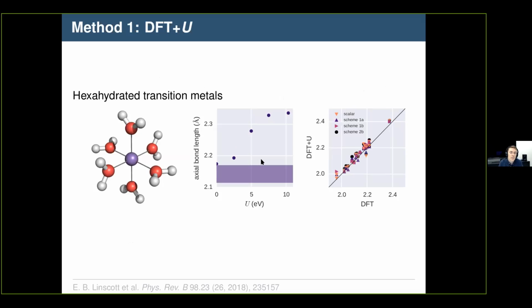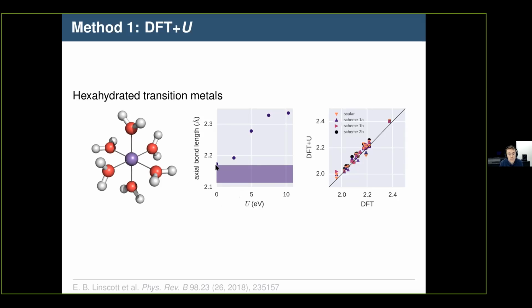Now this issue presents itself a lot more clearly in molecules. So here's a very similar system. So again, this is that hexahydrated transition metal. And so what happens here is if we apply a plus U correction, so this is what I'm doing here, I'm increasing the value of U, and I'm keeping an eye on the axial bond length, so the distance between this atom here and this water molecule here, and this is the range that it should be experimentally.